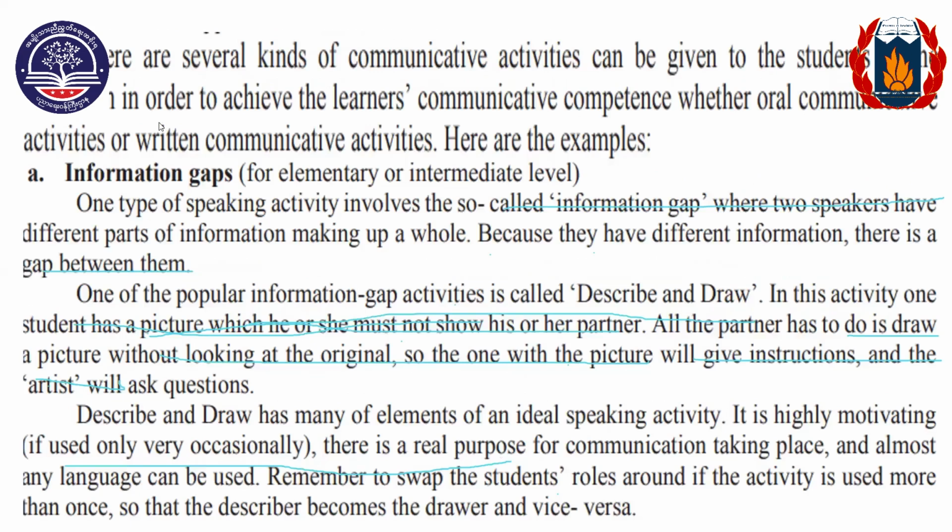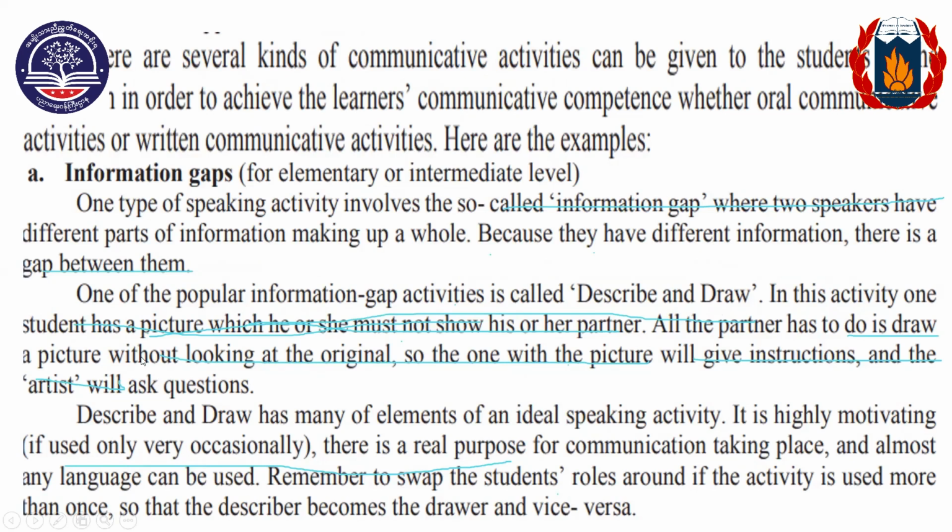There are also other activities given by the scholars. So the first one is information gaps, right? This can be used for elementary or intermediate level. There are various forms of information gaps. One popular form is the describe and draw.